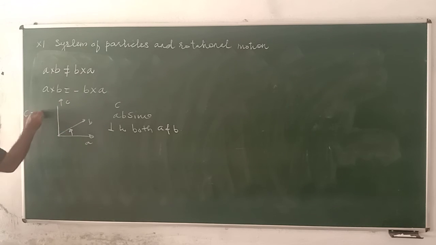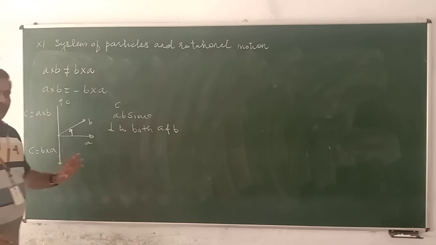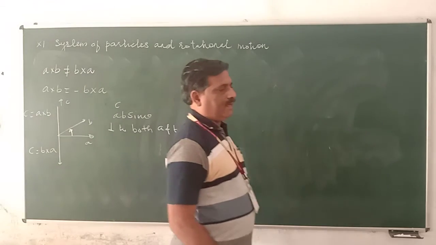So C is equal to A cross B. But when we come to B cross A, the right hand screw goes in the opposite direction. It simply indicates A cross B is equal to minus B cross A.